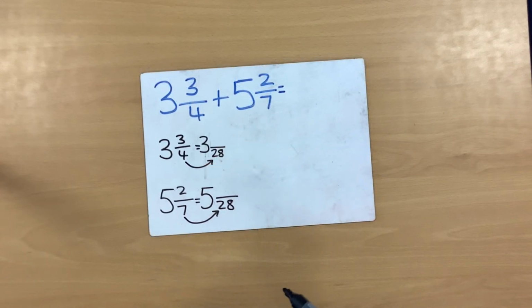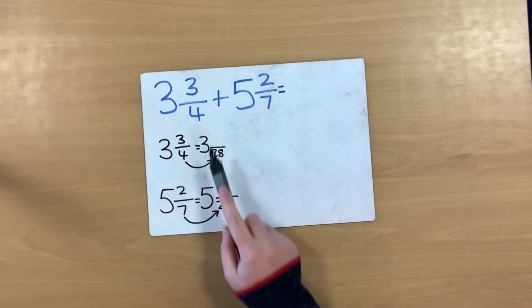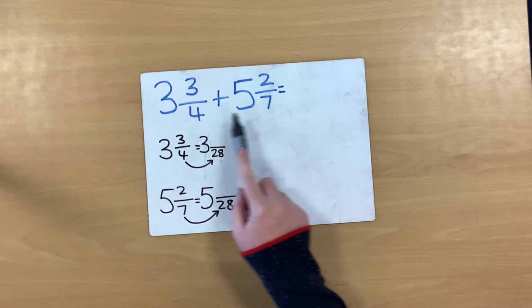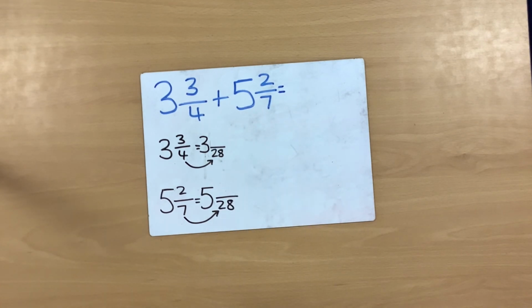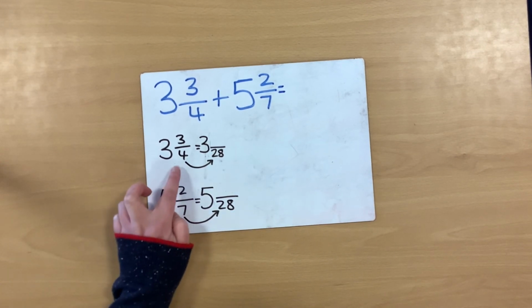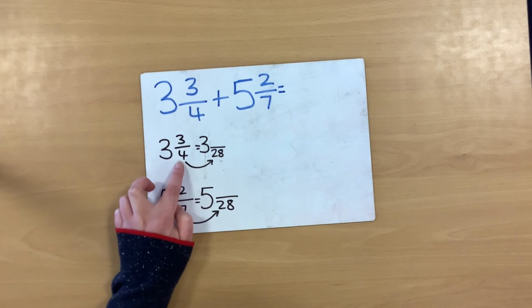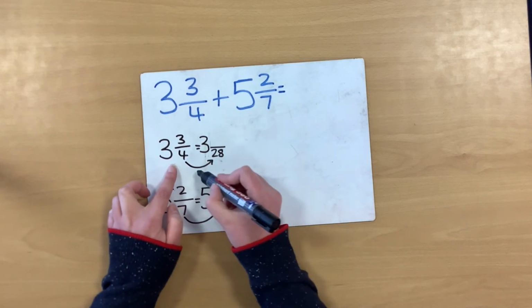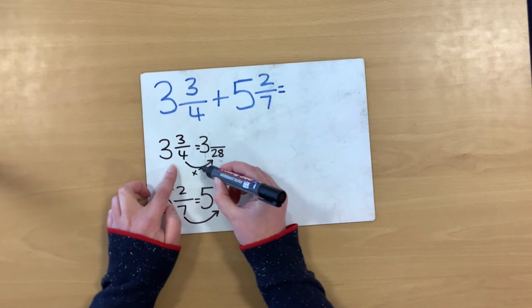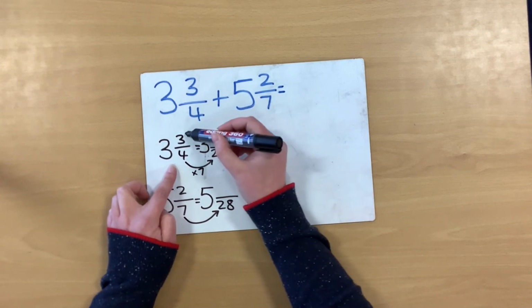First of all, you should have had a look at the denominators to see if they're the same. They are not the same, so that means we need to convert them by looking for the lowest common multiple of 4 and 7, which hopefully you worked out is 28. Thinking about my denominator here, which is 4, what do I times 4 by to get 28? Times it by 7. Then I do the same to the top.